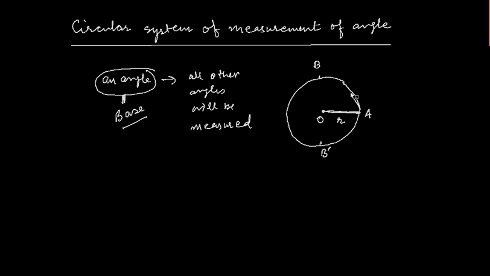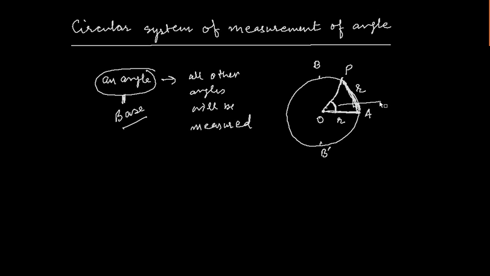Then, starting from A, I'll cut an arc along the circle with length equal to r and call that point P, and join OP. Now this arc AP will subtend some angle at the center, and we will call that angle 1 radian.